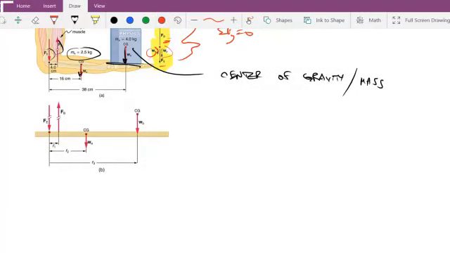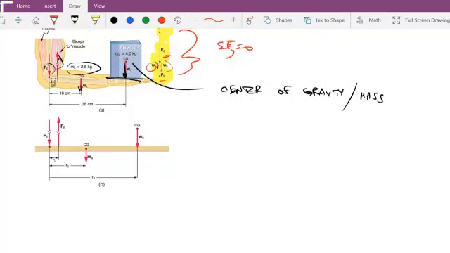So how can we use the sum of the torques around any point to solve this? Well, in order to have rotational equilibrium, the sum of the torques around any point is equal to 0. So we can choose any point that we want to sum our torques around.